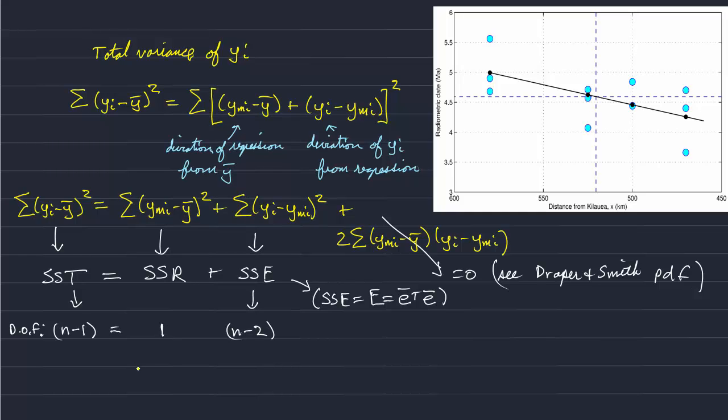And one way to think about that is from our equation for our model value. The deviation of our model value from y is a function of one parameter, the deviation of each x value from its mean.